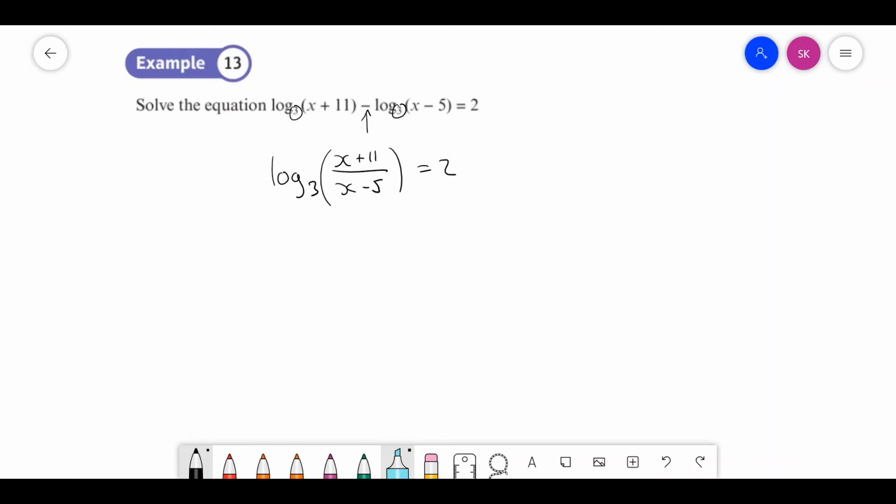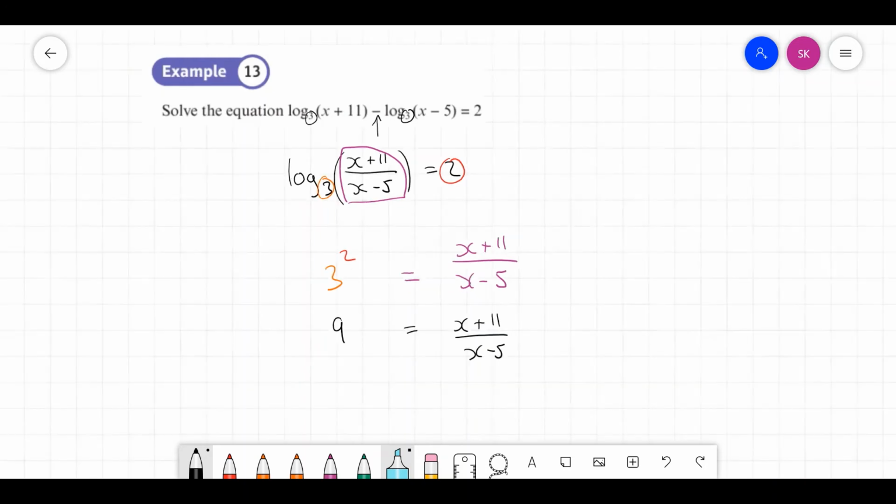I'm going to set it out as a power. What it means is 3 to the power of 2 equals this. So obviously that's 9 equal to x plus 11 over x minus 5.